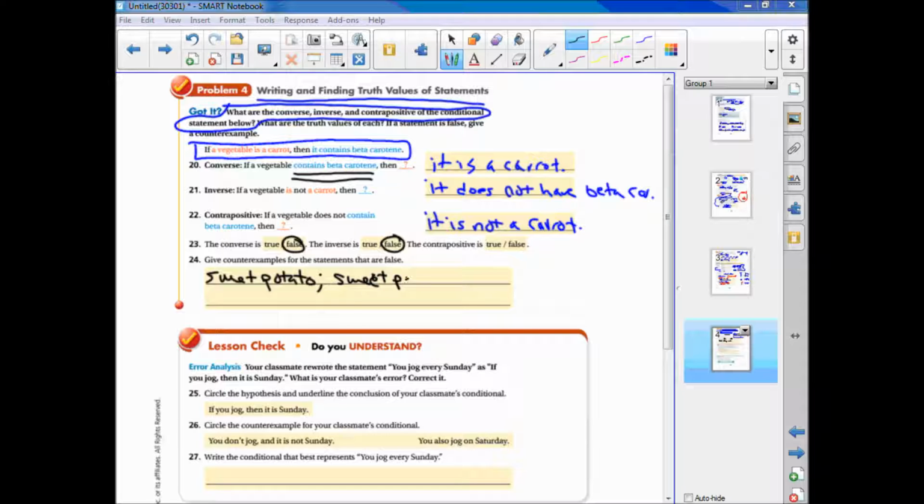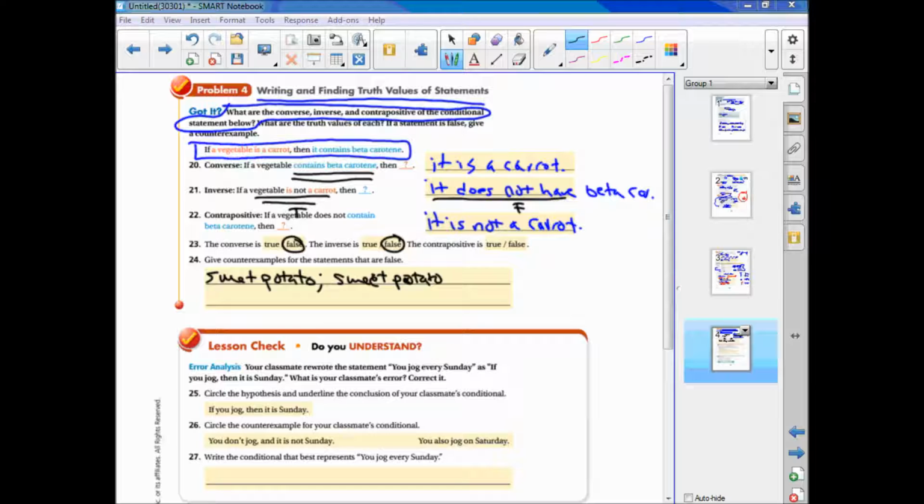I picked up a vegetable that's not a carrot, a sweet potato, so the hypothesis is true, but it does have beta carotene, so the conclusion is false. So if you can think of something that makes this part true and this part false, then the whole thing is false.